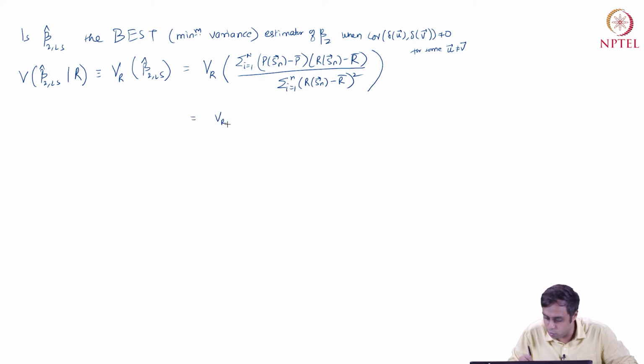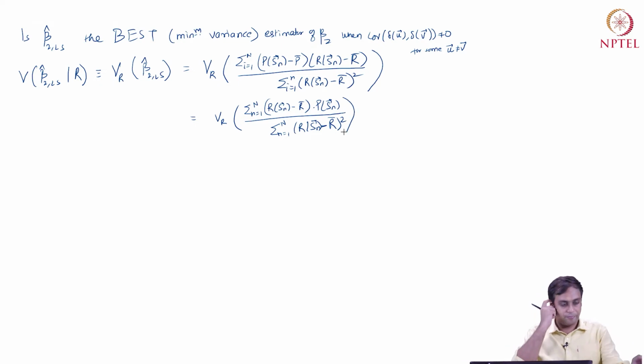This can then be shown to be equal to summation n equals 1 to n R Sn minus R bar times P Sn divided by summation n equals 1 to n R Sn minus R bar the squared.